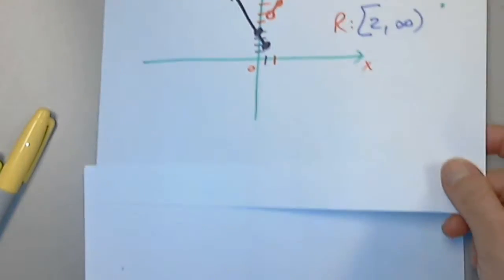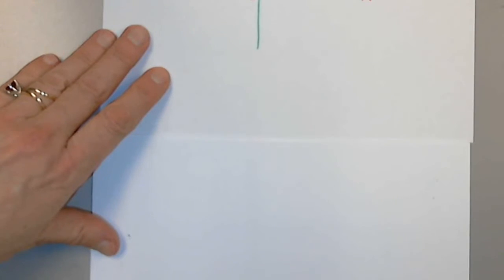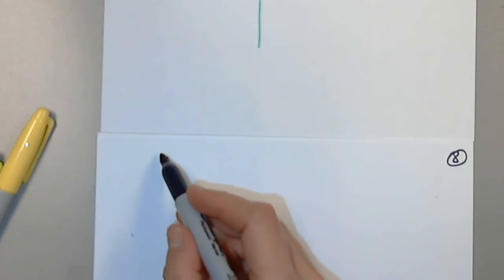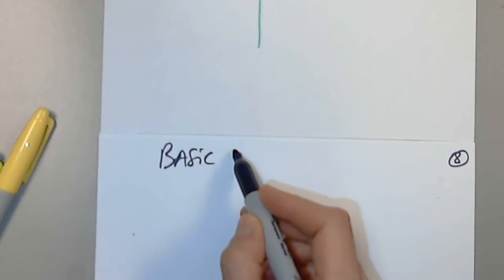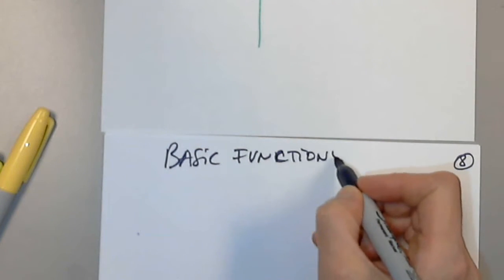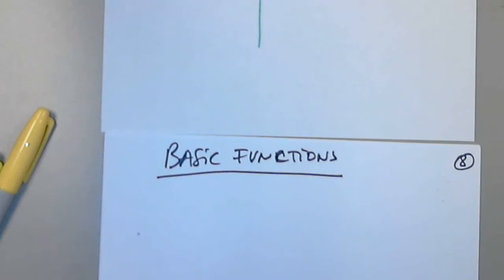A few more minutes. I'd like to review basic functions with you in preparation for the last section before the test. I like to call them basic functions, though they're not really called that in your book.